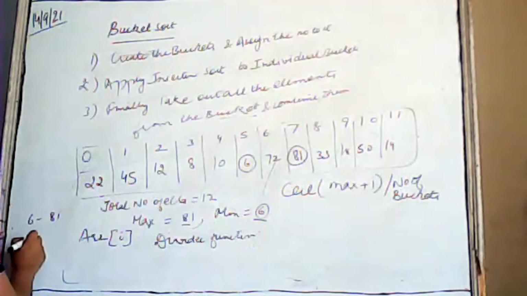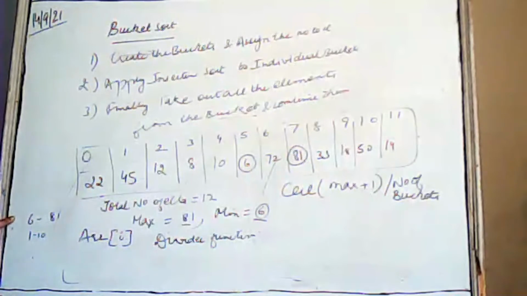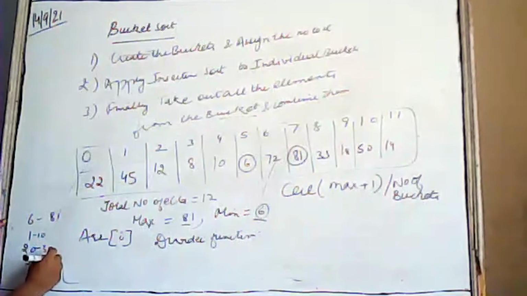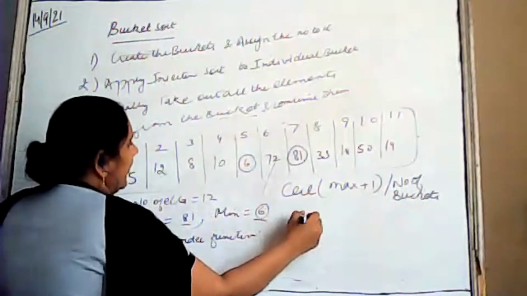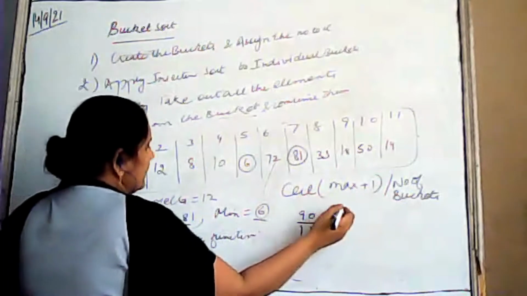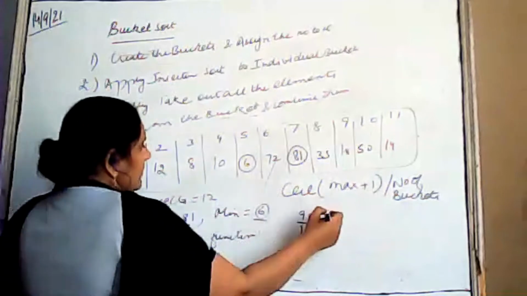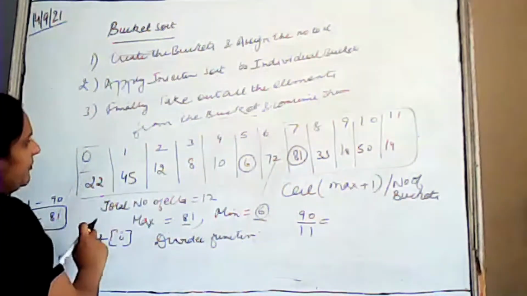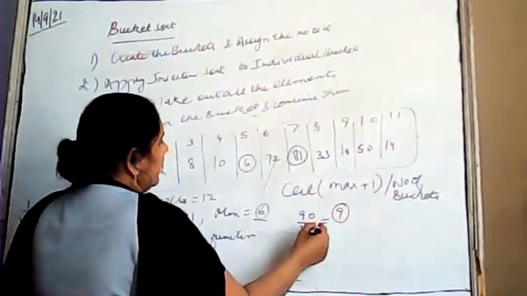Fine. So if I write 1 to 10 numbers in one bucket, then 20 to 30 in another bucket, then 30 to 40 in another bucket, you will take the range from 1 to 90. So 90 divided by how many elements? 11. Roughly, 10 nines are 90.